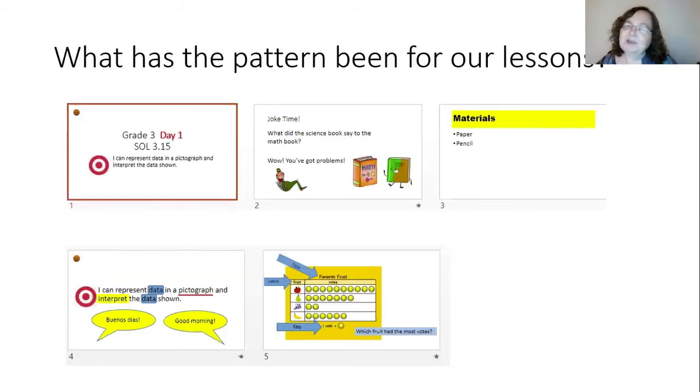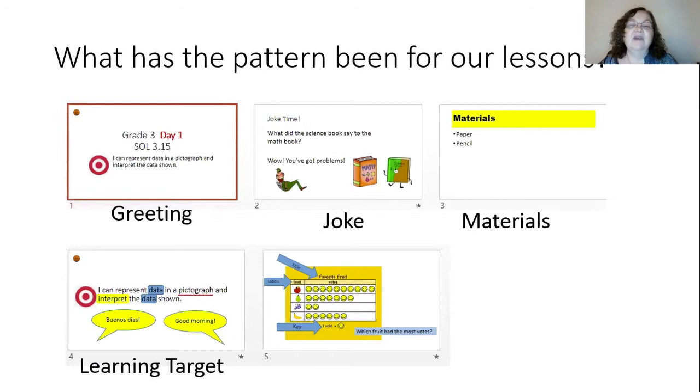So what has been the pattern for our lessons? Well, I always start with a greeting. Then I tell my joke. Then I tell you what materials you're going to need. And then we talk about the learning target, and then we do the lesson. And I kind of messed up the pattern today, didn't I? I changed where the joke was, and we could all feel it.